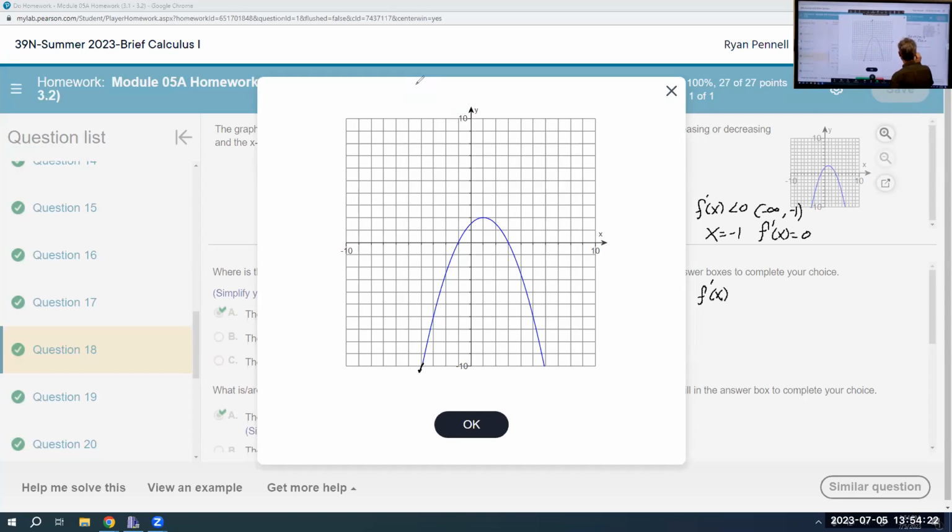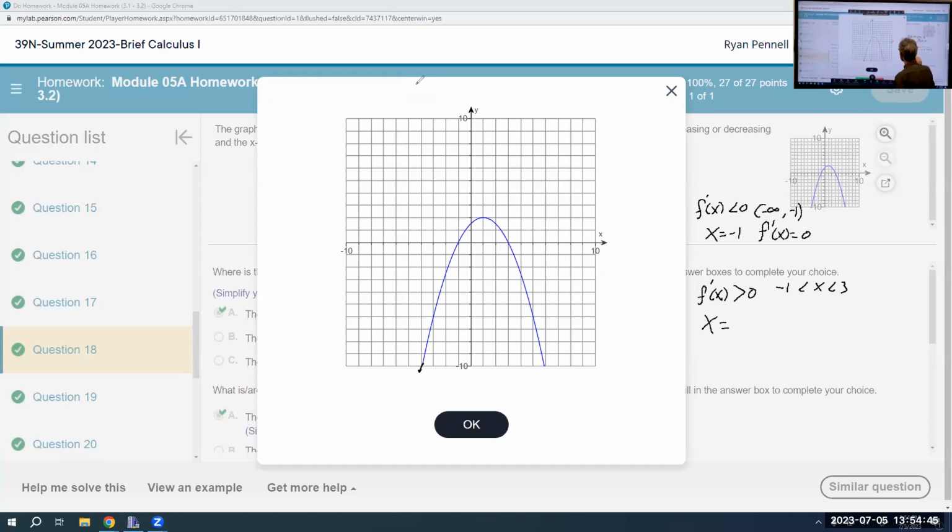Then it's positive. F prime of x is greater than 0 from x between -1 and 3. Then it hits 0 again.